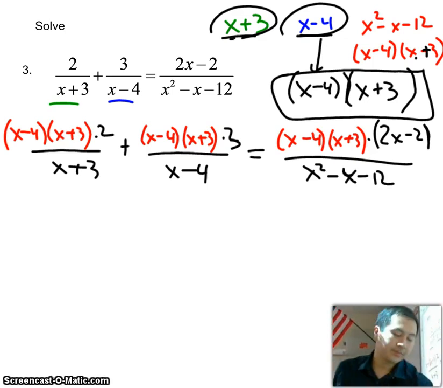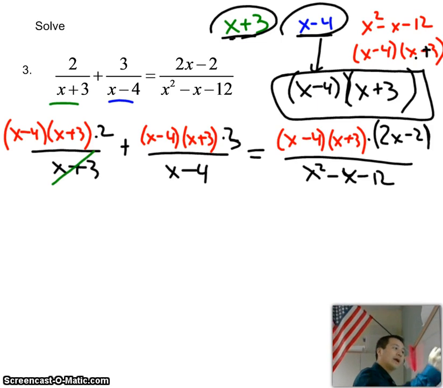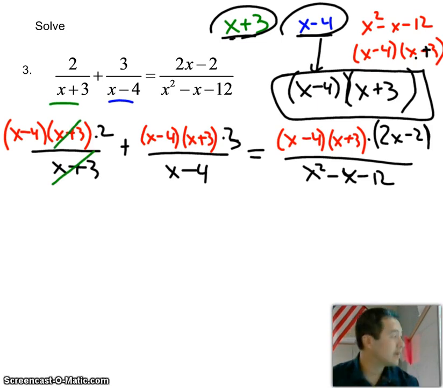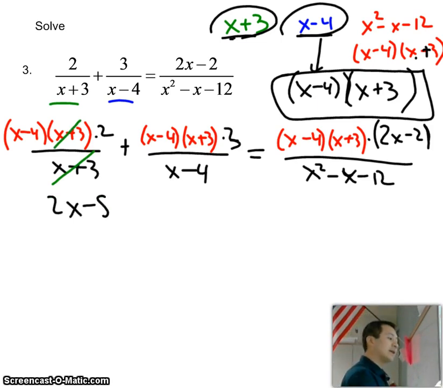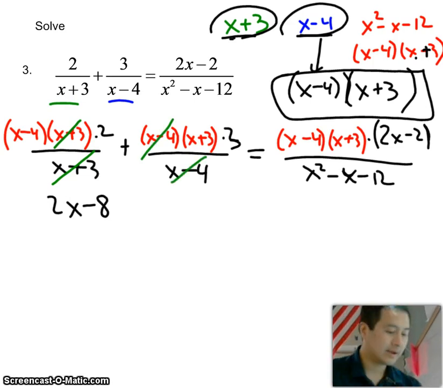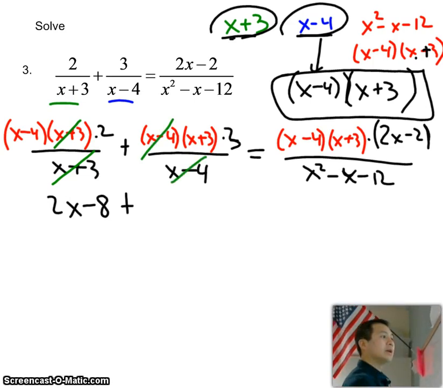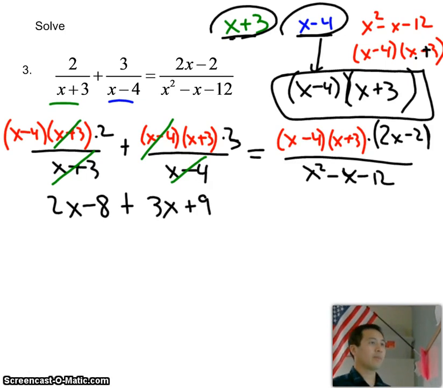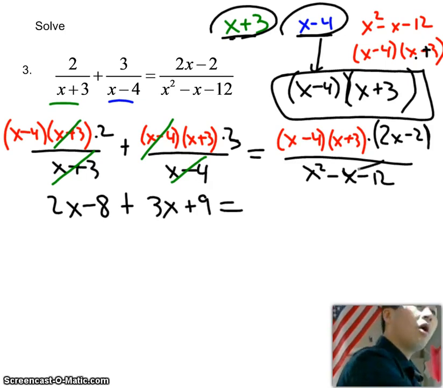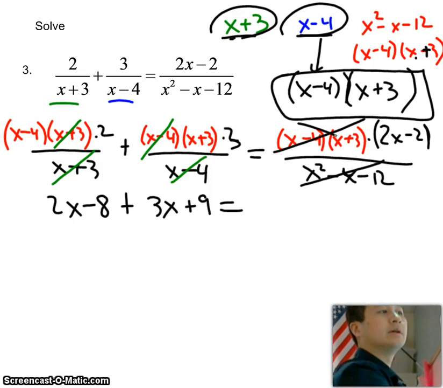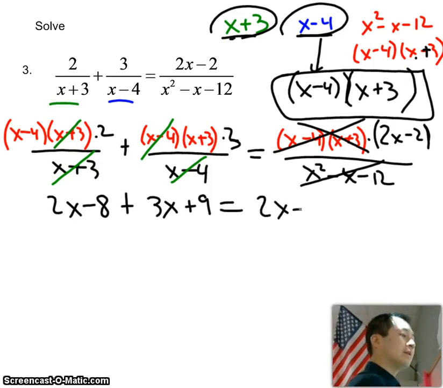Let's start canceling. This goes away, leaving a 2x minus 8. This goes away, leaving a plus 3x plus 9. And take a look. All this goes away with all this, leaving just a 2x minus 2.